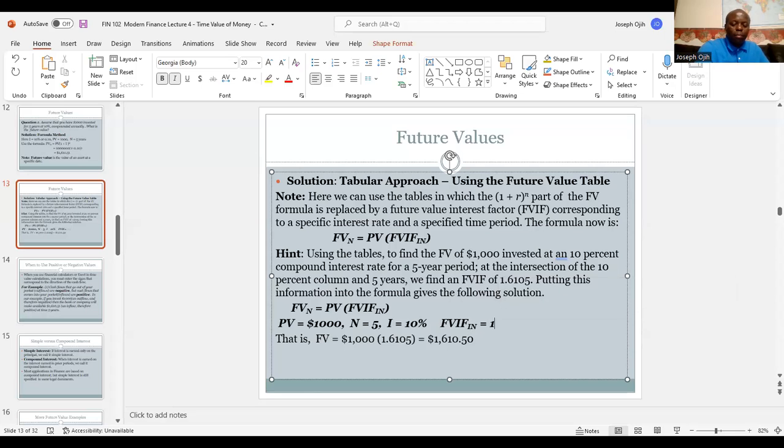1.6105. That is if what you invested is $1. That's how much it will amount to. But if you invested $1,000, all you have to do is multiply this by 1,000. So 1,000 times that. Let me write it down.